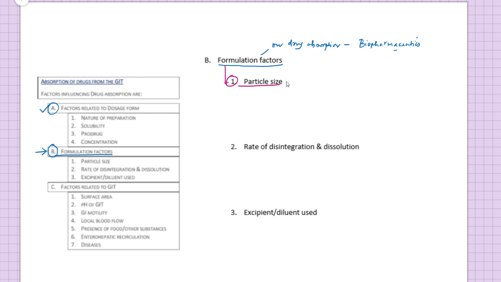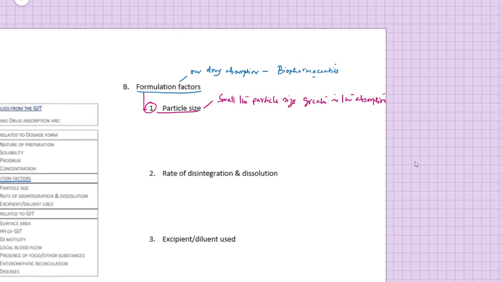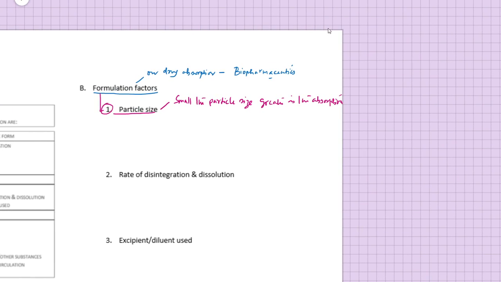Okay. So the rule of thumb is, smaller the particle size, greater is the absorption. So this is kind of intuitive because say this is a person and the person is consuming food.